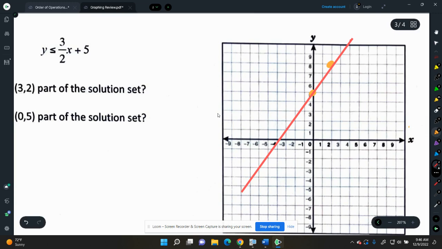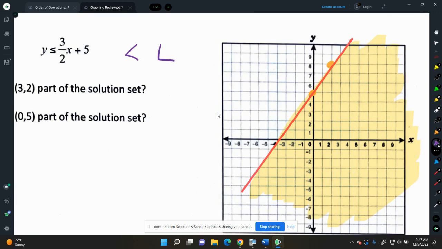Annabella, am I shading above or below? Below. How do we know it's below? Because of the sign. Which sign? The less than sign. Yeah, because it's less than, right? Remember, less than looks like an L, right? Less than, L.